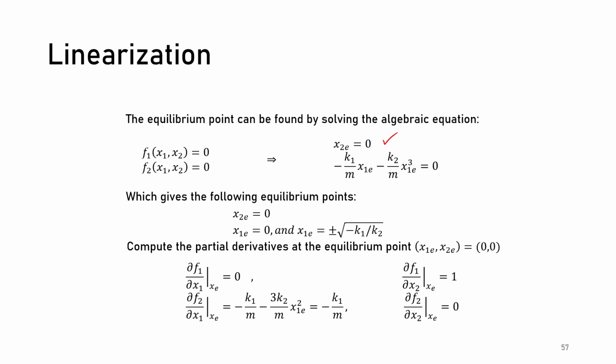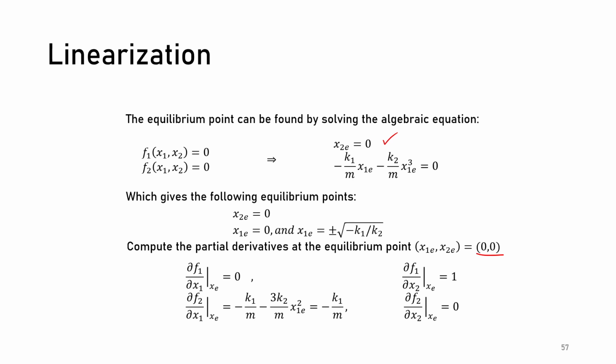But because K1 and K2 are all positive, this one does not exist, right? Equilibrium in the time domain, we are still talking in the time domain, so no complex number. Okay? So the equilibrium is 0, 0.